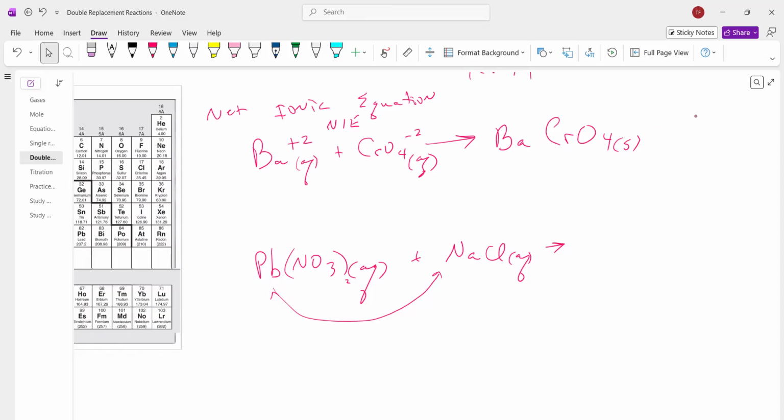You put lead and fluoride together, because the rule says so. There are three exceptions: lead, silver, mercury. The exceptions are the solids.